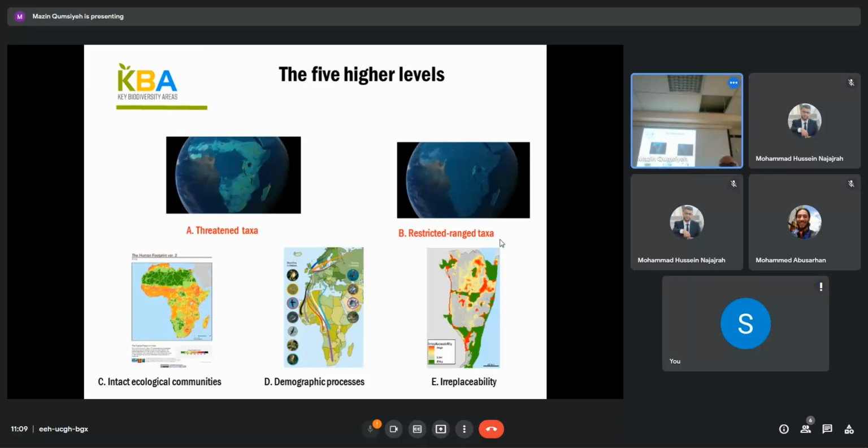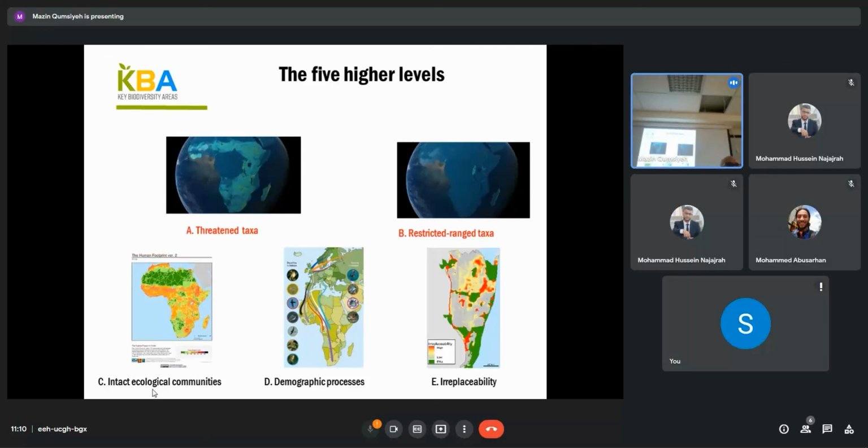After that we have three other levels. Intact ecological communities: that means that these communities are very old and with very little or no human pressure. That is rarely the case in the Mediterranean area, and especially in your country.